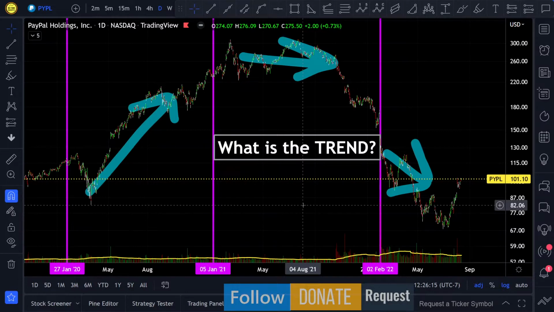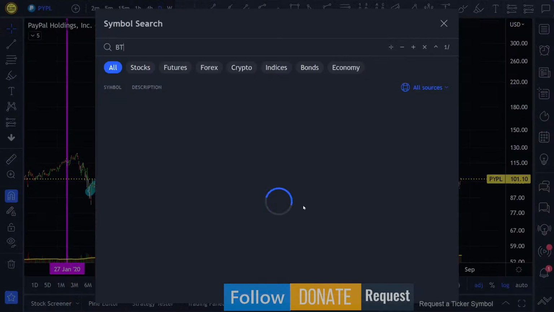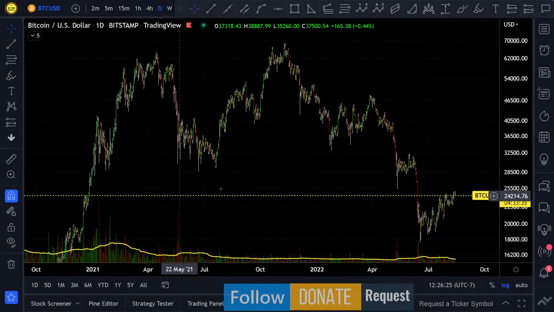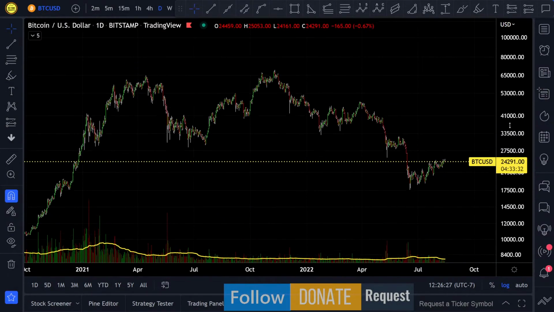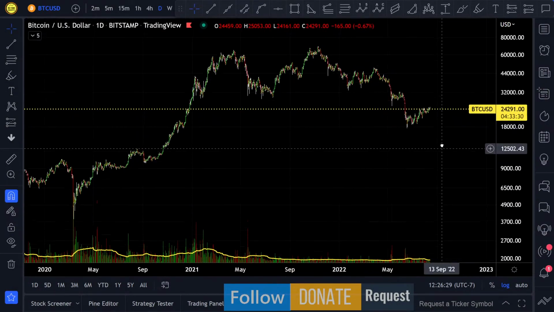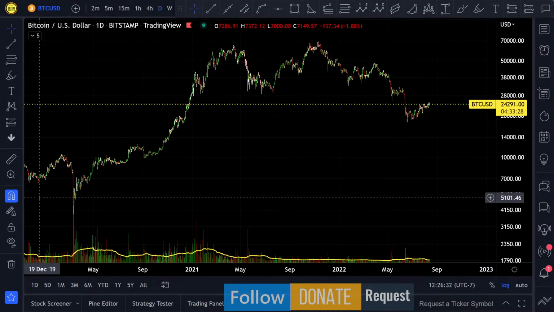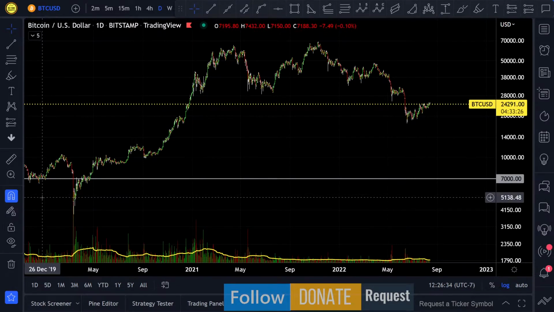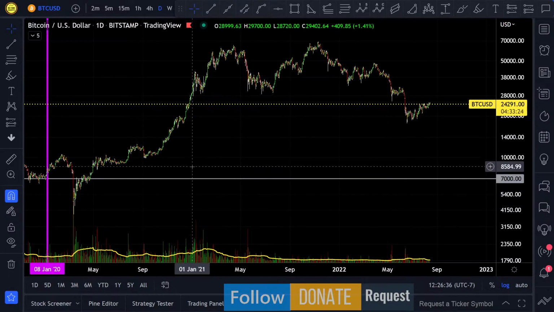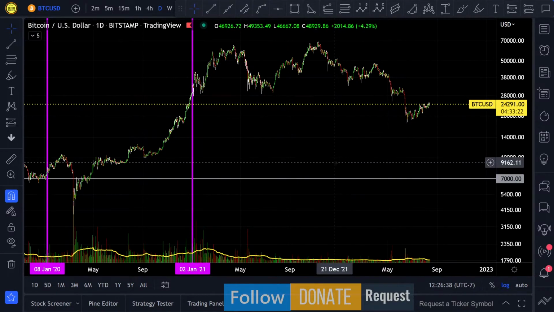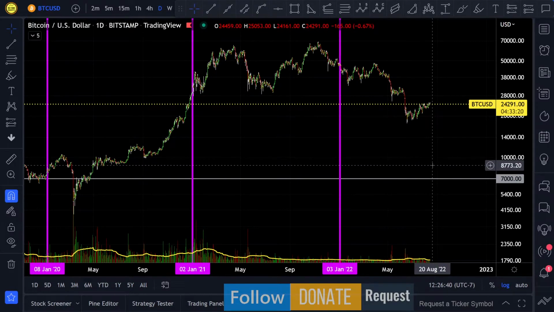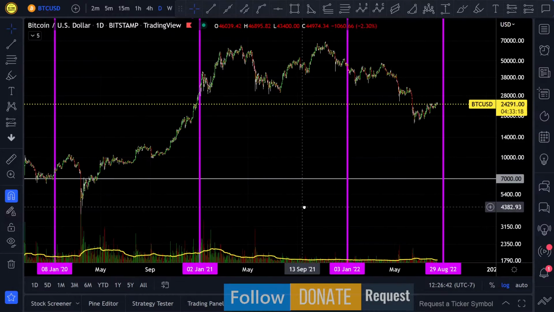So same thing. Now let's flip over. Take this exact example that I put up on the screen about price trend. You flip over to Bitcoin and then immediately execute. Same thing. So 2020, somewhere here, 2021, 2022, and then now.